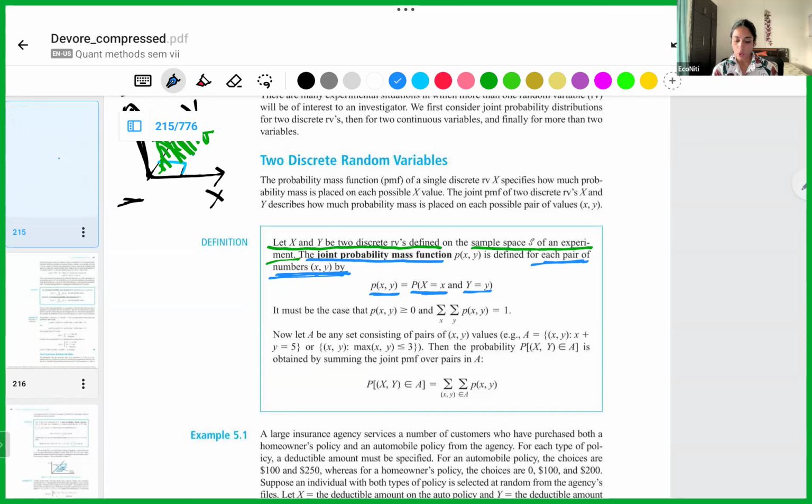And of course this summation should equal 1. The probability of every pair should be 0 or greater than 0, not negative, and the total probability should be equal to 1, the usual case. All right.